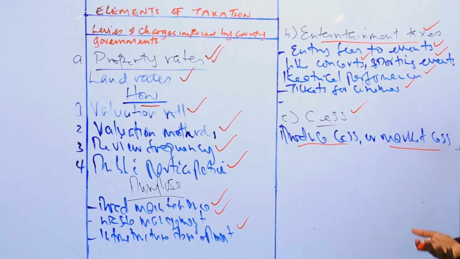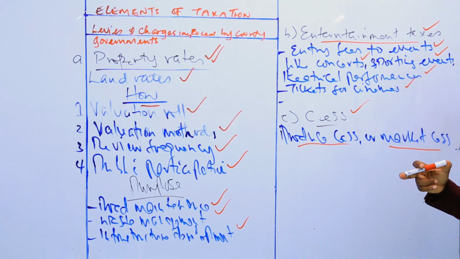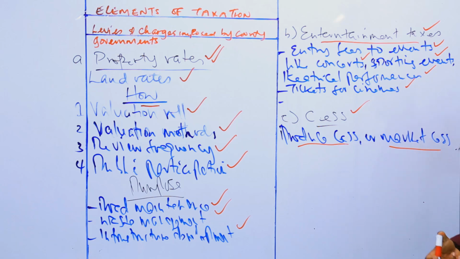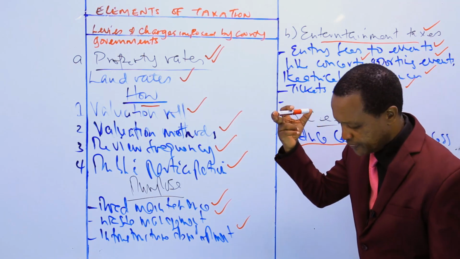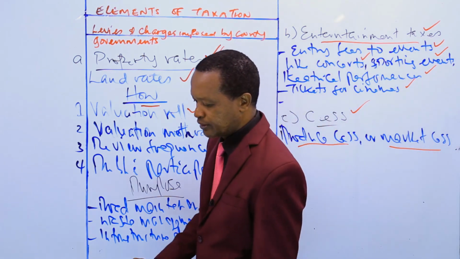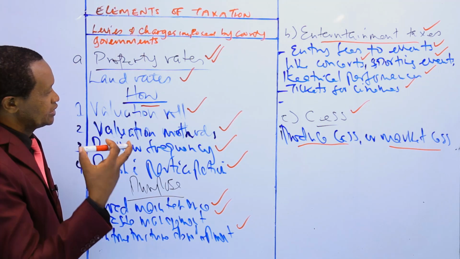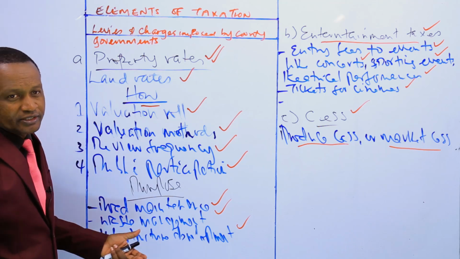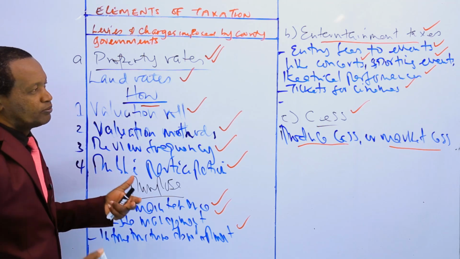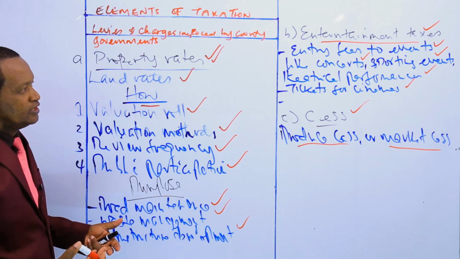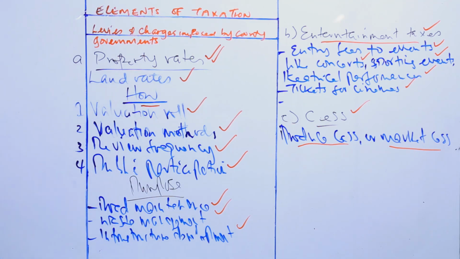So candidates, these are the three categories which represent key avenues through which county governments in Kenya generate their own revenue to complement the equitable share they receive from the national government.